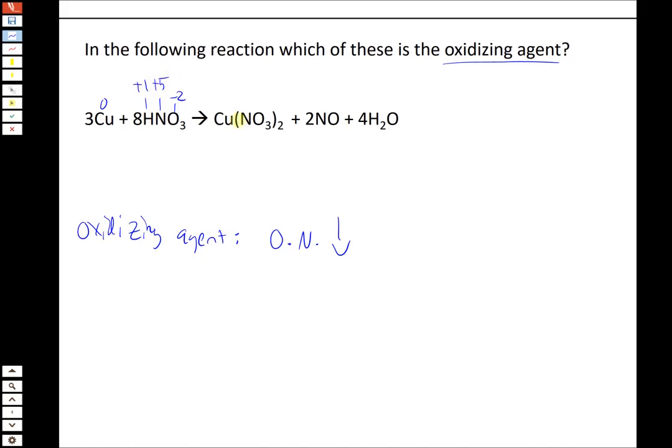And then on the product side, we have copper nitrate. So for ionic compounds, the oxidation number of the metal is just its charge. So we have 2 nitrates in this formula, 2 NO3 minuses, which means the metal has to be +2. Nitrate is still NO3 minus, which is still going to have the same oxidation numbers as HNO3, -2 and +5.